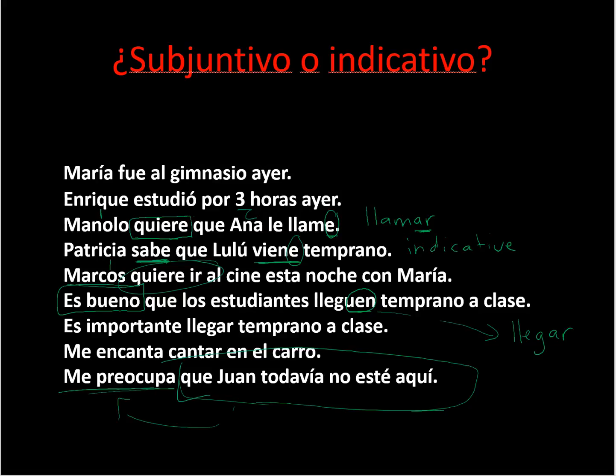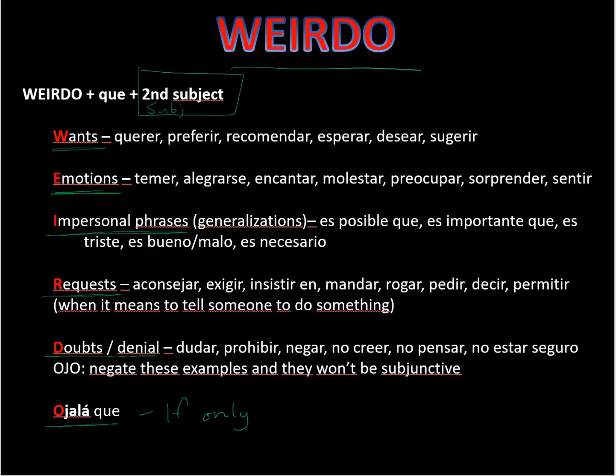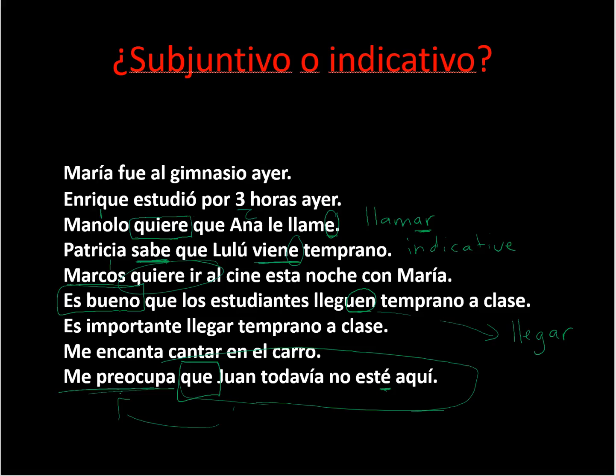So it bothers me that Juan todavía no esté aquí. This is weird though. Why? It's an emotion. Preocupar. And this is estar. So it's taking that opposite ending. Que Juan no esté aquí.